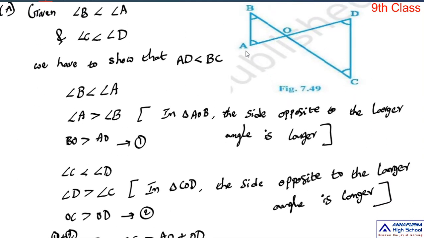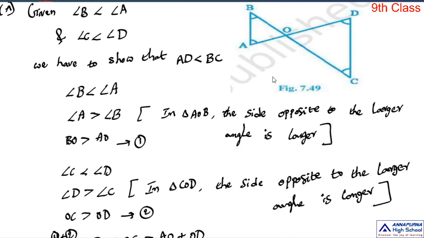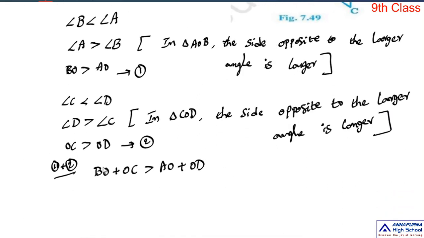So BO plus OC, which is BC, is greater than AO plus DO, which is AD.